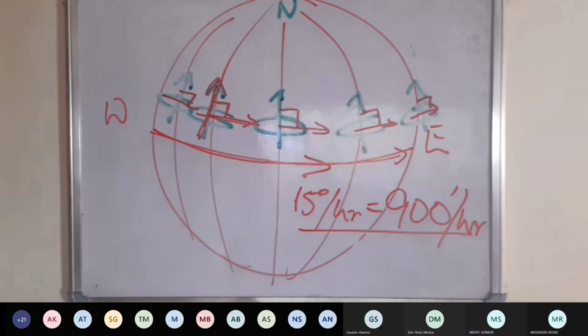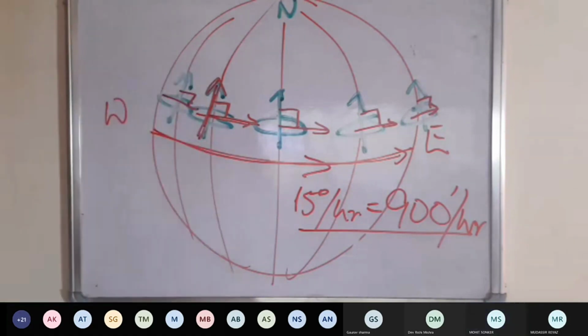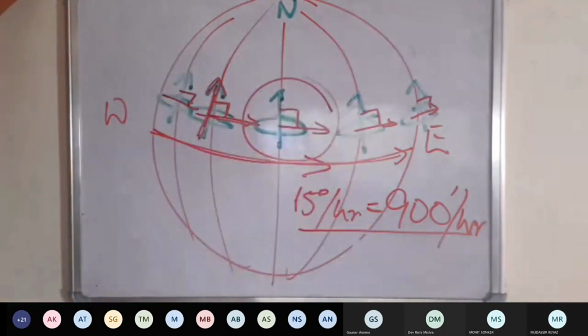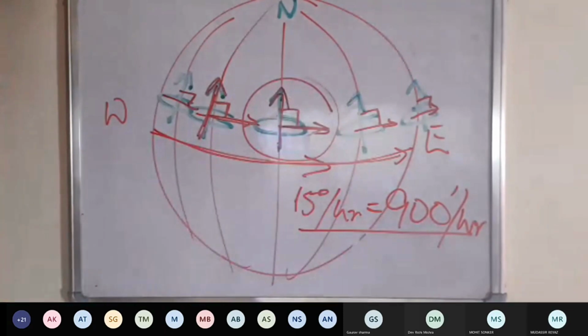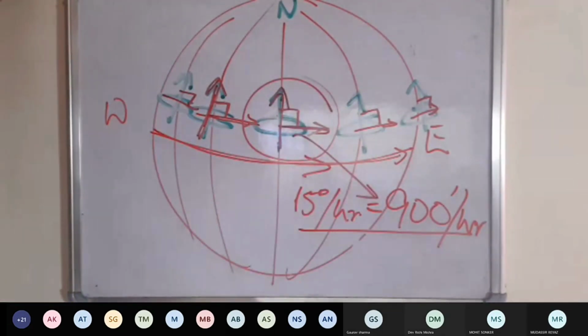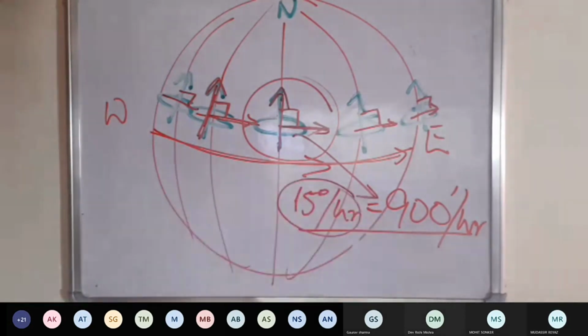Yes, sir. Good. So this is an observation that you have to keep in mind, that the gyro compass is settling down perpendicular to the Earth's motion. And the Earth's motion is at 900 miles per hour because it is 15 degrees per hour.